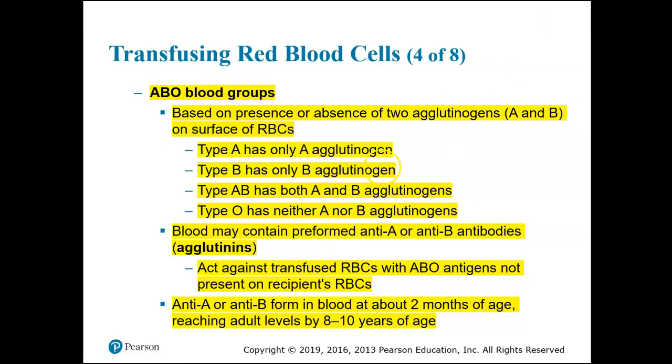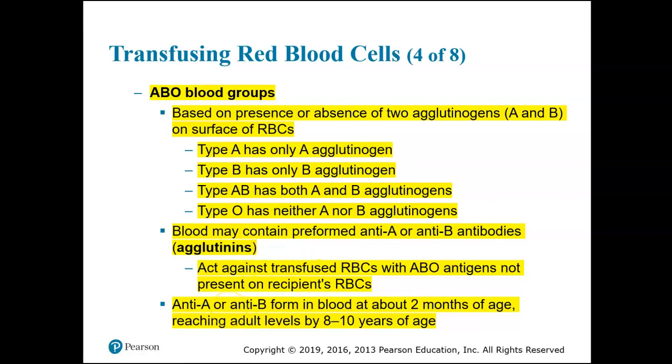But these are the most common that most often affect whether or not someone's going to have a transfusion reaction. So the blood types: if you're type A, your red blood cells only have A agglutinogens on their surface. Type B, your red blood cells only have the B agglutinogens. If you're type AB, your red blood cells have both A and B. If you're type O, your red blood cells have neither the A nor the B agglutinogens.